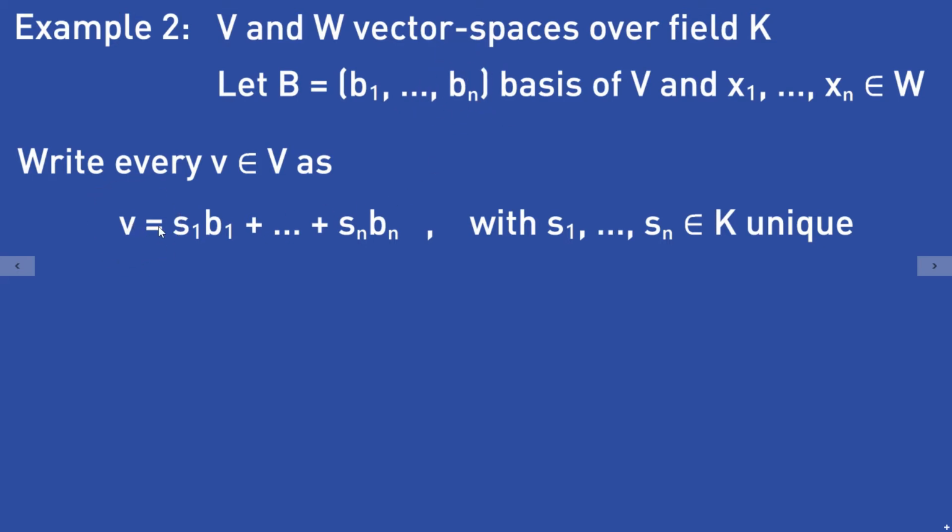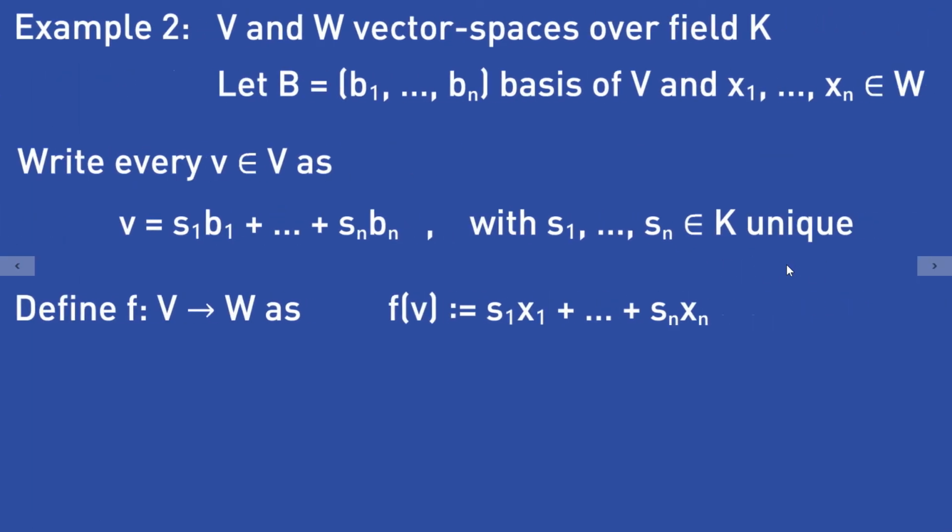So v is equal to s1 times b1 plus s2 times b2 and so on plus sn times bn. The s1 to sn are elements in the field K, and they are uniquely determined.